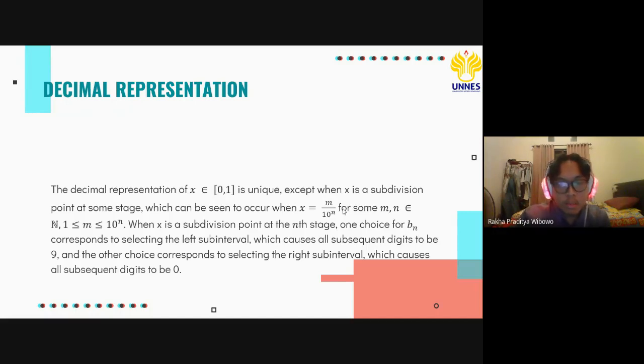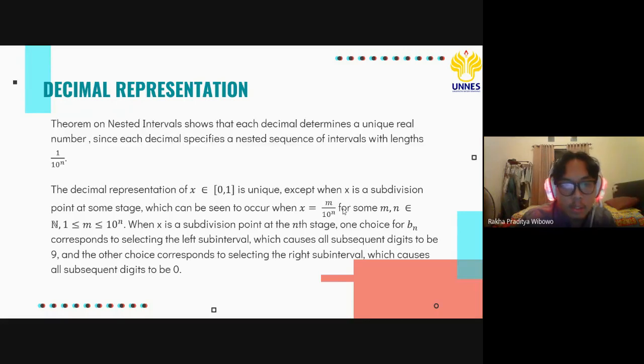The decimal representation of x in the closed interval 0 to 1 is unique, except when x is a subdivision point at some stage, which occurs when x equals m over 10^n for some m, n in the natural numbers, where m is between 1 and 10^n.